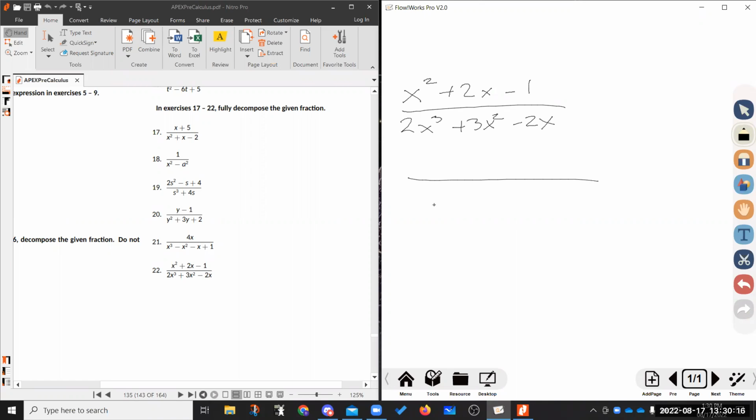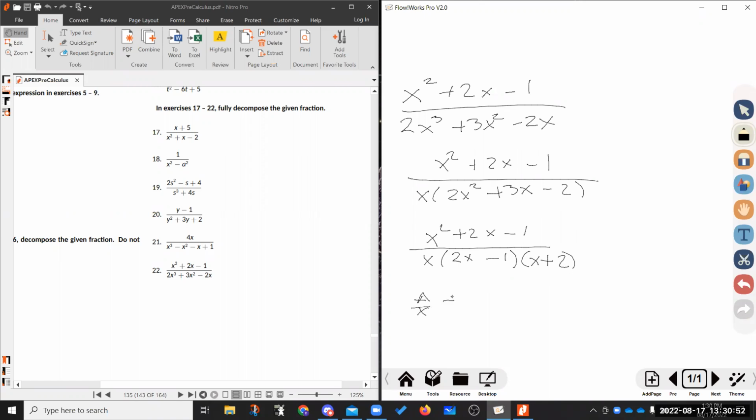Going to factor the denominator: x times 2x squared plus 3x minus 2, and the numerator is x squared plus 2x minus 1. I think that this is going to factor some more, 2 and 2 and -1 and 1, like that. This is 4 minus 1 is 3, -1 times 2 is -2.